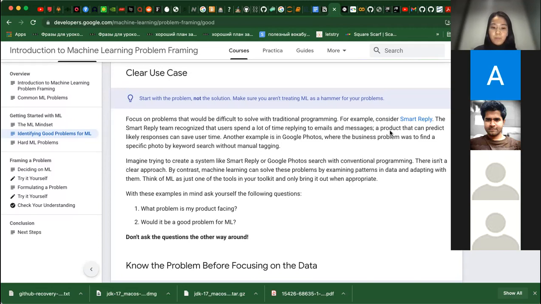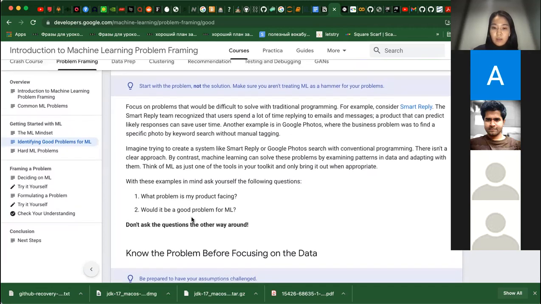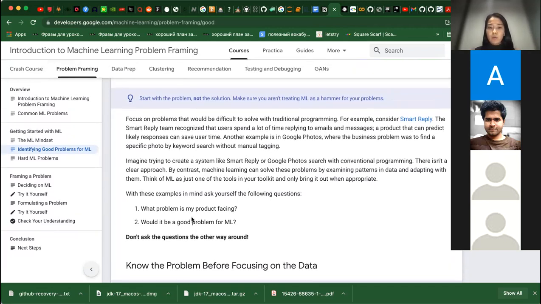And then I ask, would it be a good problem for machine learning? So first of all, we need to understand what is the problem I want to solve.